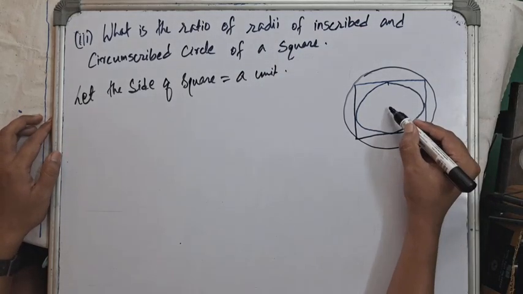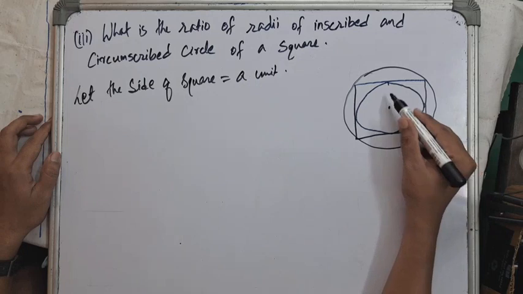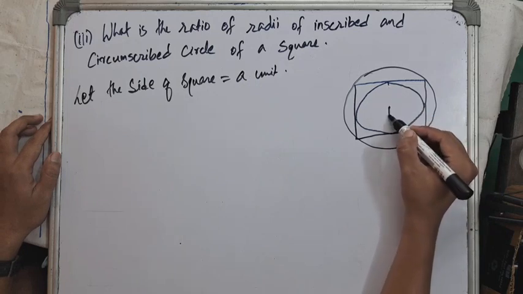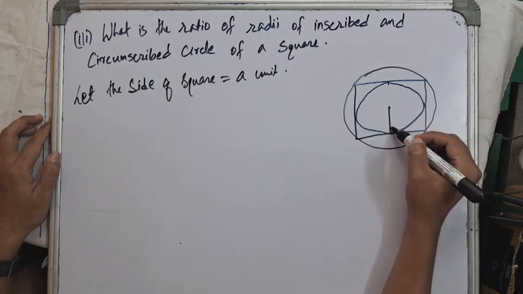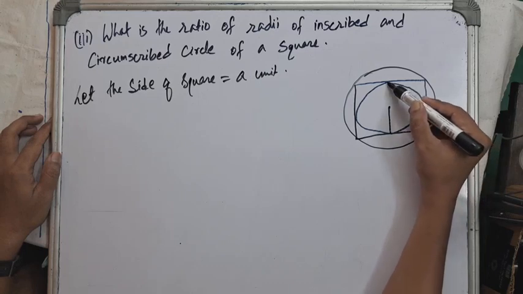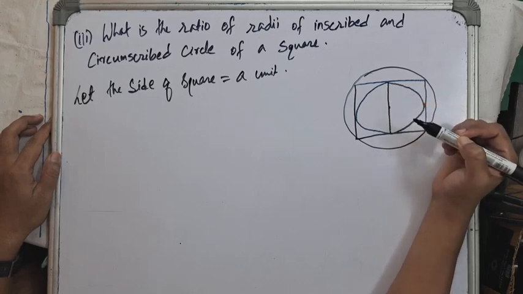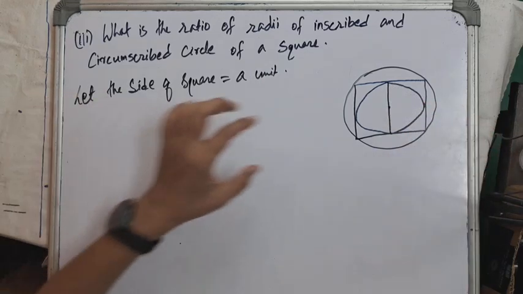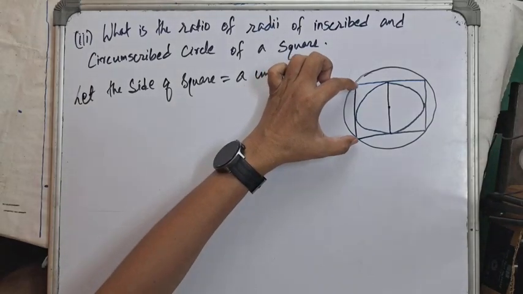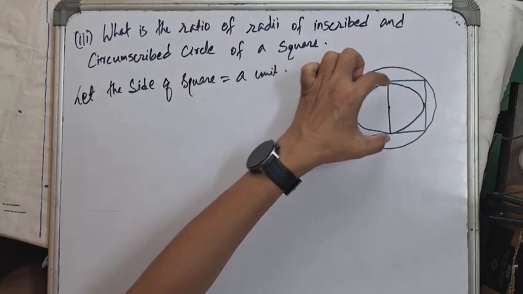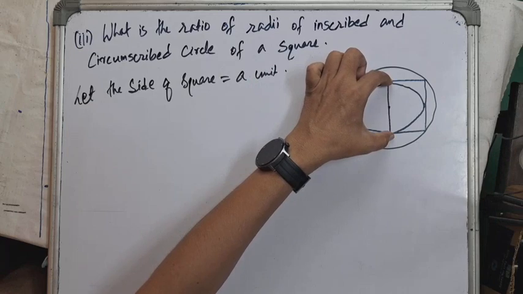Now this is the center of this inscribed circle, so this is the radius of the inscribed circle, isn't it? This becomes the diameter of the inscribed circle. Here what we can see is the side of this square is equal to the diameter of this inscribed circle, isn't it?